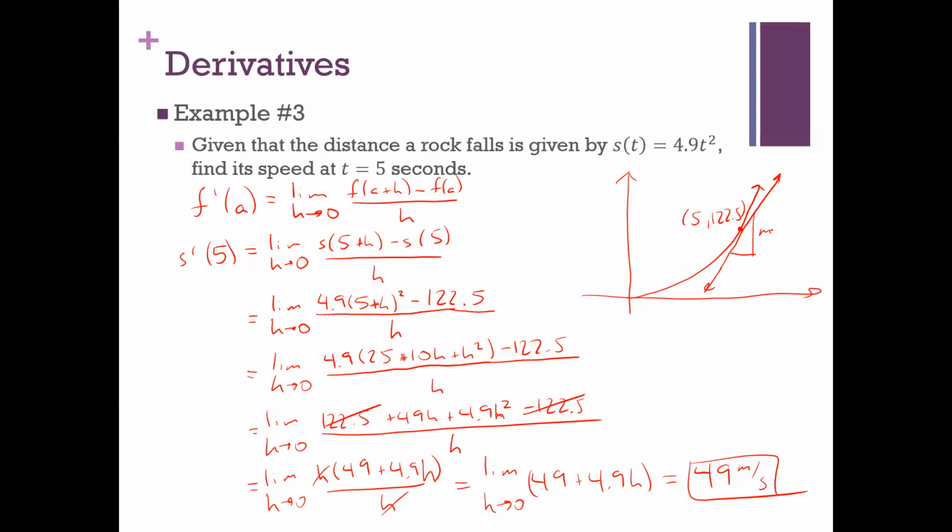Graphically speaking, if I were to graph the limit of that, what is the 4.9? Why did that vanish?